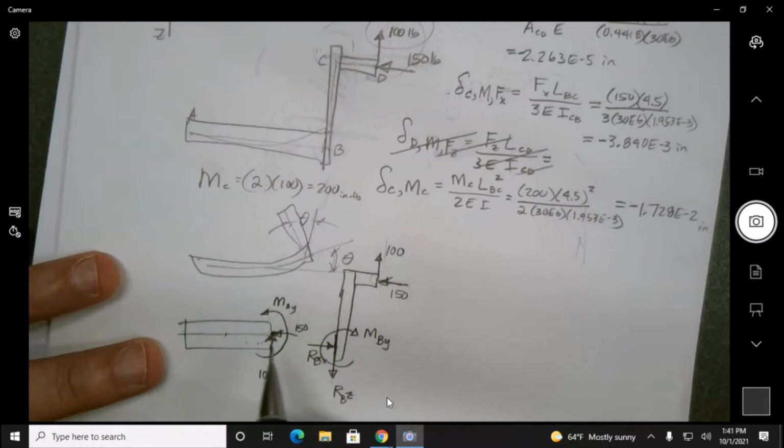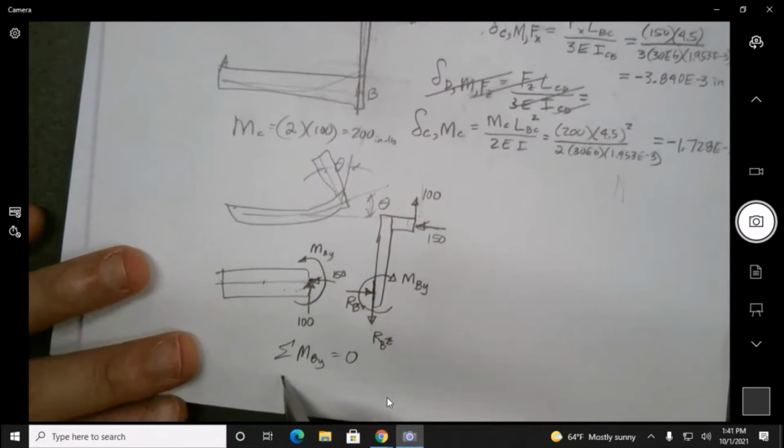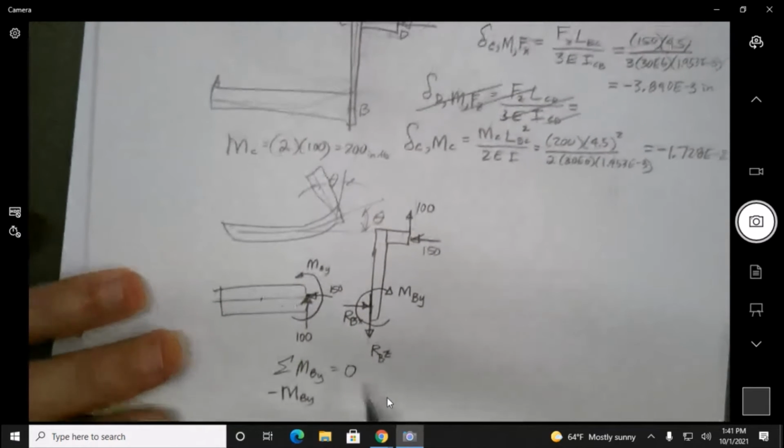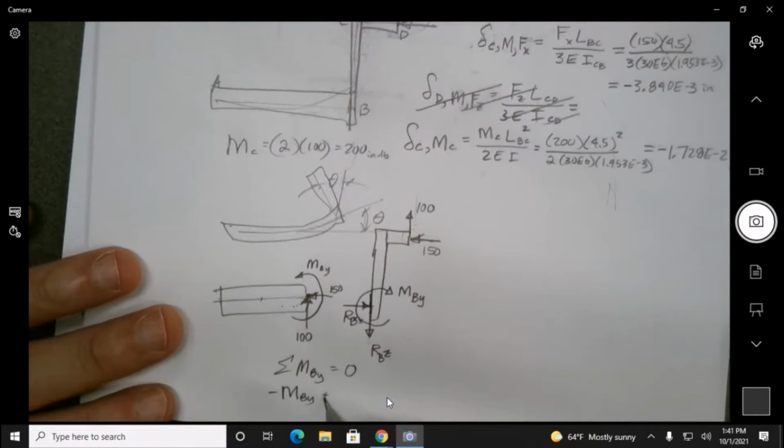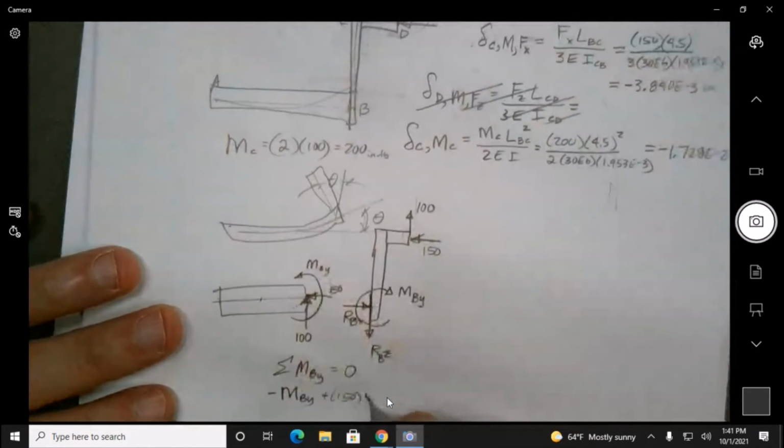So, this moment that we're going to find: the summation of moments about B, about the y-axis, is going to be equal to 0. So we're going to take MBY and we're going to add 150 times 5, and plus we're going to add 100 times 2.